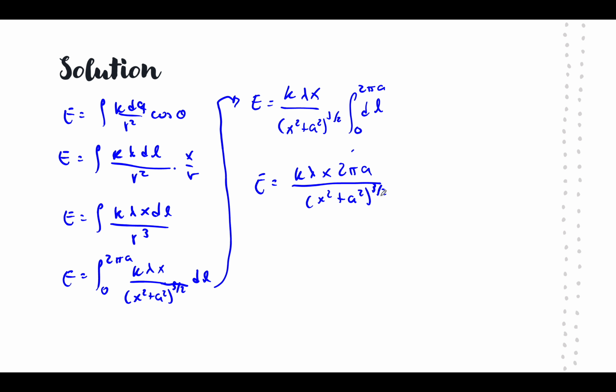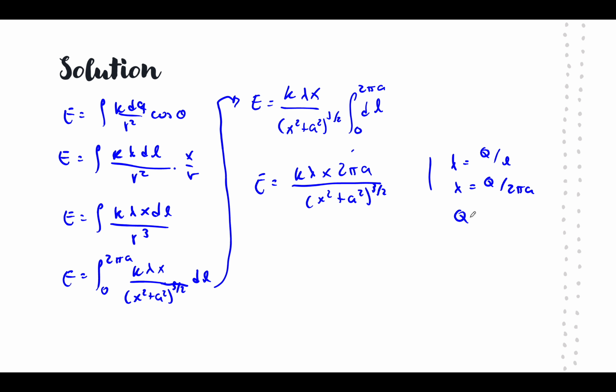But we also know that lambda is equal to q over L. So lambda is equal to q over 2 pi a, which is the length of the ring.